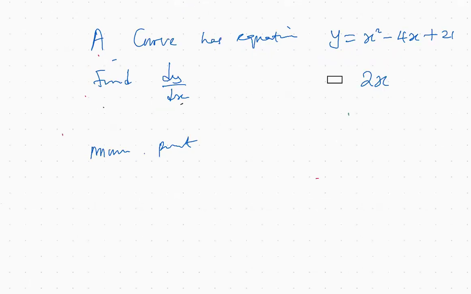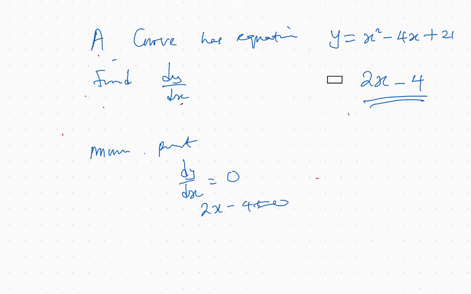So when you are asked to find the minimum point, you have to set dy/dx equals 0. So 2x minus 4 equals 0. Then 2x equals 4, x equals 2.